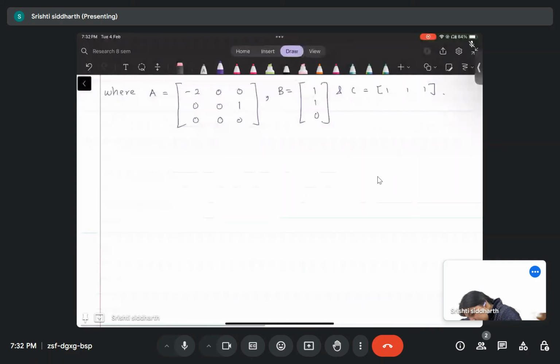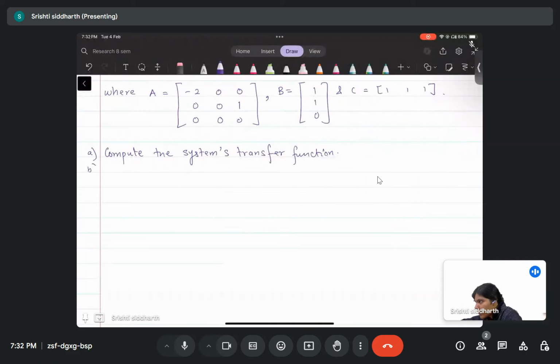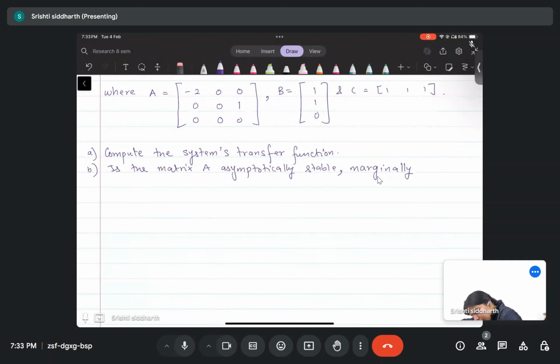First is the transfer function. Second, is the matrix A asymptotically stable, marginally stable or unstable? Third, is the system BIBO stable?